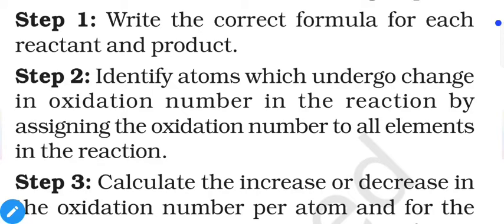Second, identify the atoms which undergo a change in oxidation number in the reaction by assigning oxidation numbers to all the elements in the reaction. Certain elements will be present as spectator ions, that means they do not change their oxidation states. So we do not need to concentrate on them in the initial stage. But for the elements which change oxidation state, we have to concentrate on them first.